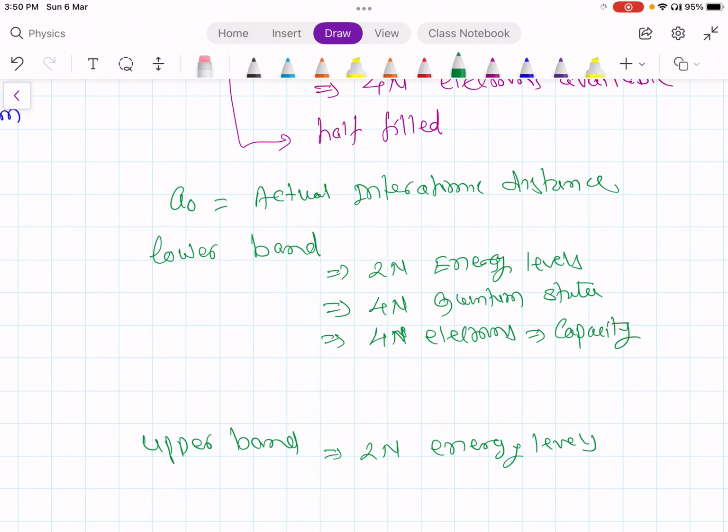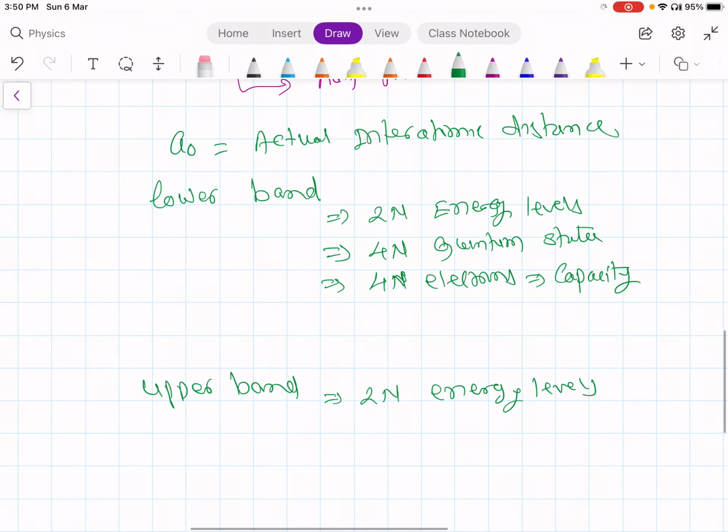Maximum it can accommodate 4n electrons. Similarly, in the upper band there are also 4n quantum states, and its capacity is 4n electrons.